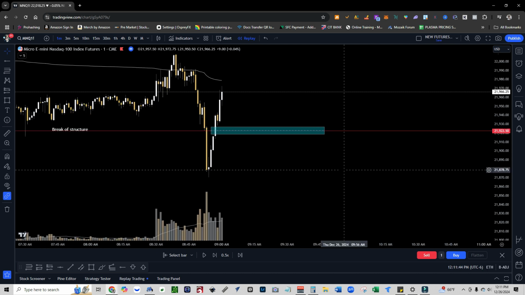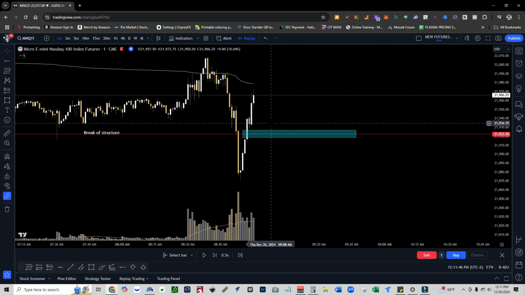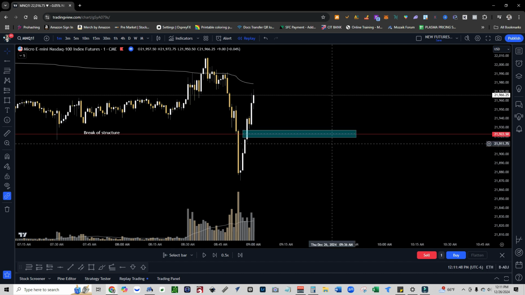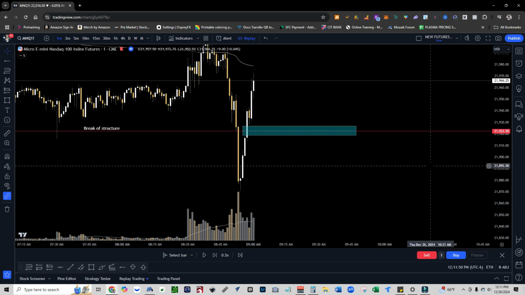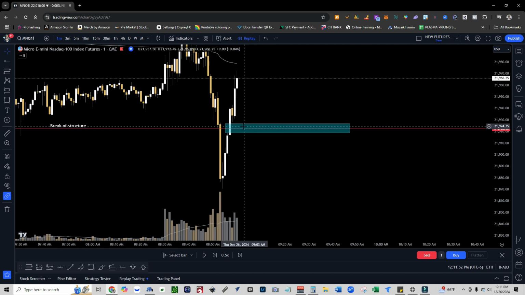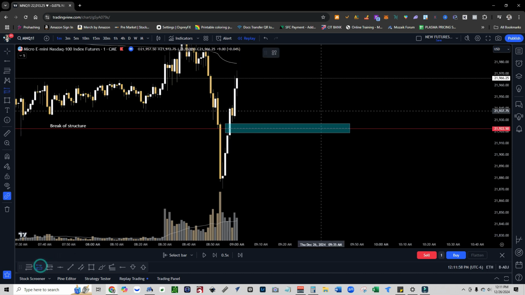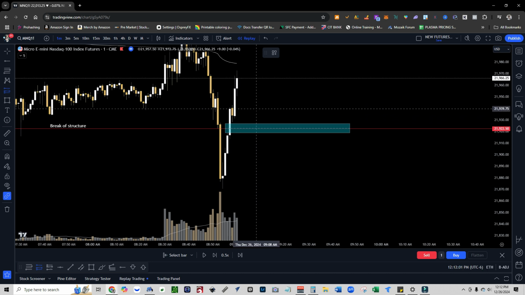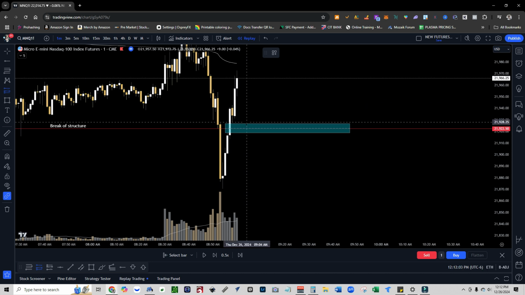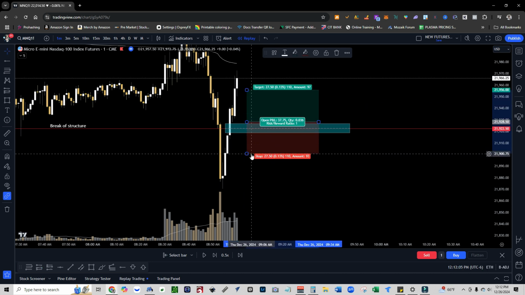So now what we're going to be doing is waiting to see if price can come back into this fair value gap. And if you guys remember, we're going to want to have an entry kind of in here with our stop loss below this candle. So this is kind of what we're going to be looking for if we can get it, right? So we got to see if price can come back in. So I'm going to go ahead and set this up, and this is how I would do it. I have my limit order ready to go.